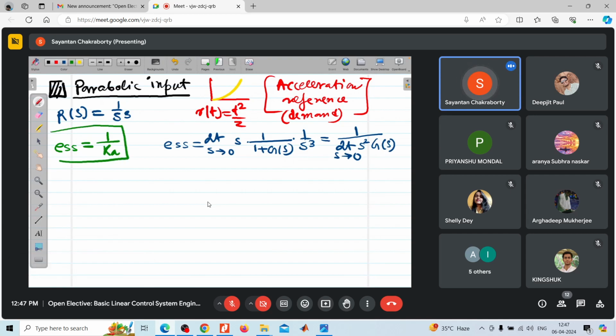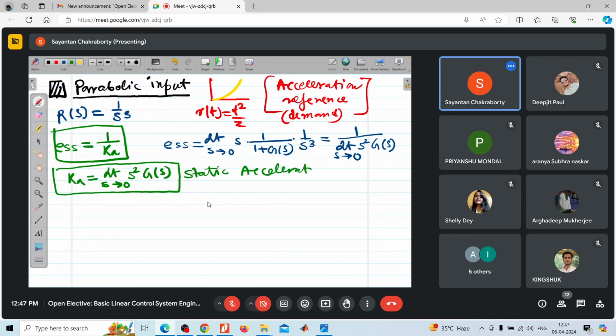Now what is this Ka? Ka is defined as limit s tends to 0 of s square G(s). So this is the static acceleration error constant.